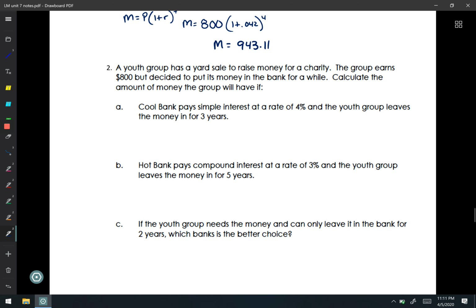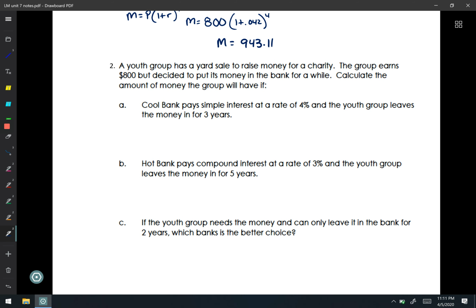All right, let's look at number 2 here. A youth group has a yard sale to raise money for a charity. The group earns about $800, but decides to put the money in the bank. Calculate the money the bank will have if it chooses A. School bank pays simple interest.